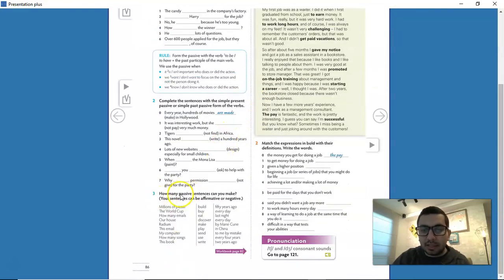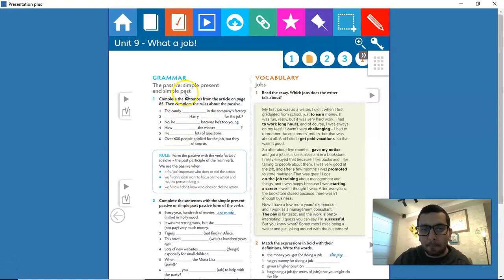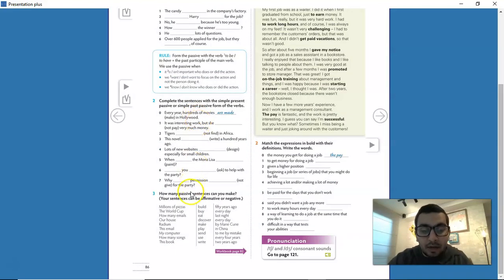And now the last one for this part, for simple present and simple past in the passive form. We have 3 parts here. For example, millions of pizzas, a verb, build, and we have the end of a sentence, 50 years ago. So you need to make sentences in the passive form.